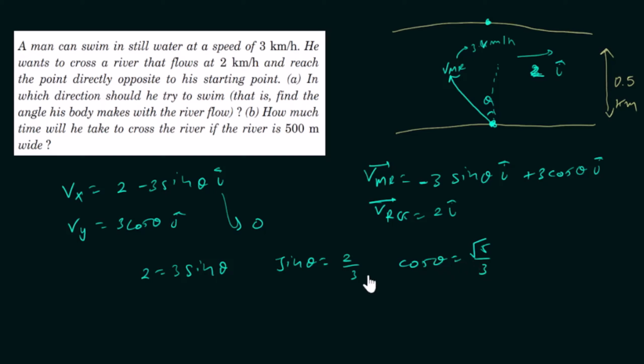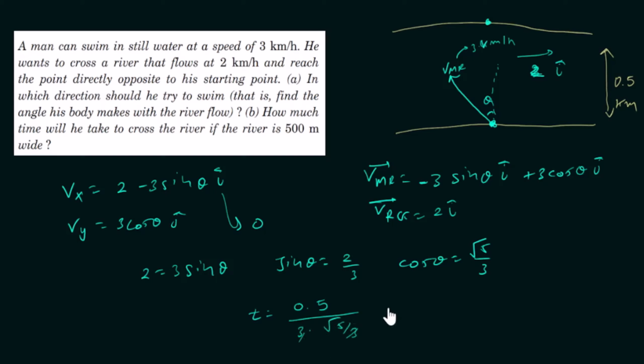Now let us find how much time it will take to reach the opposite point. Time will be determined by the vertical component. The distance is given as 500 meters, so I can write it as 0.5 kilometer, divided by the vertical component, 3 cos theta, where cos theta is root 5 by 3.